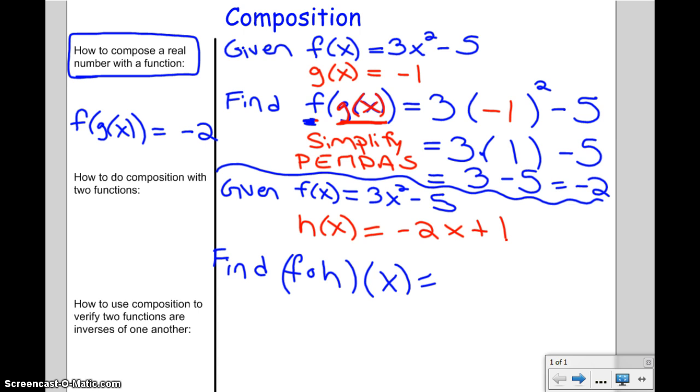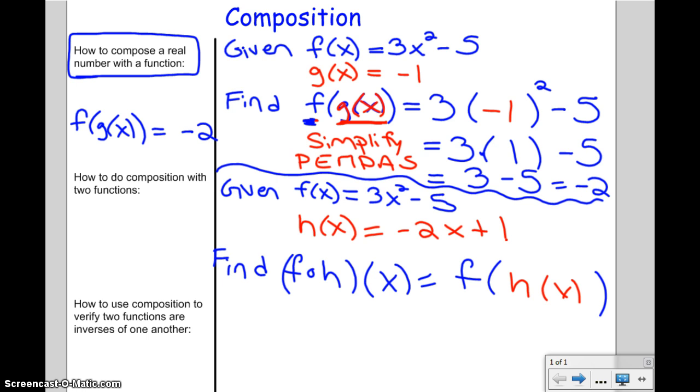In other words, it's telling you to use composition. F of h is the same thing as f and then put h inside of f. Again, I'm going to try to outline that. Smartboard has jumped. I'll rewrite that in red just so you guys can follow. F of h of x.